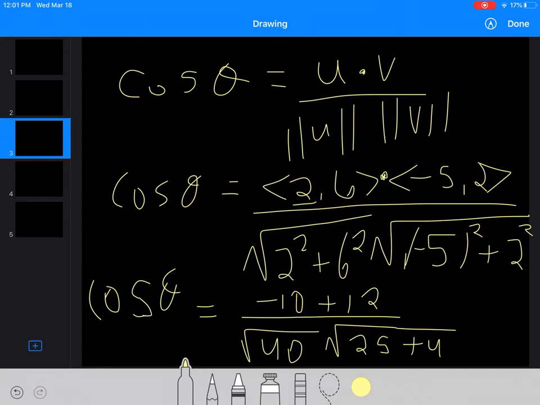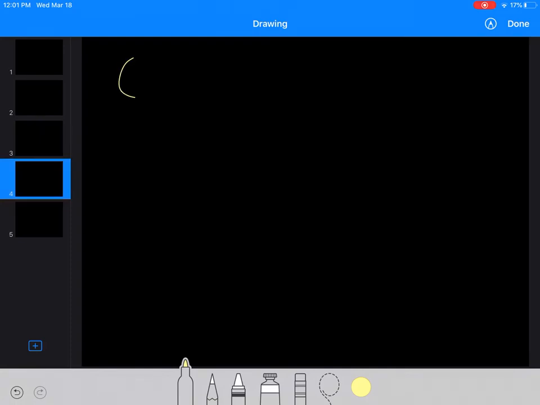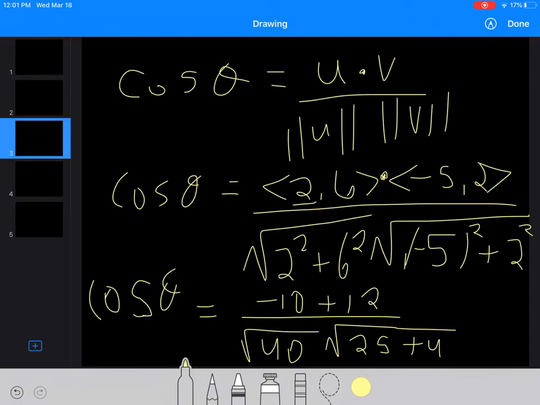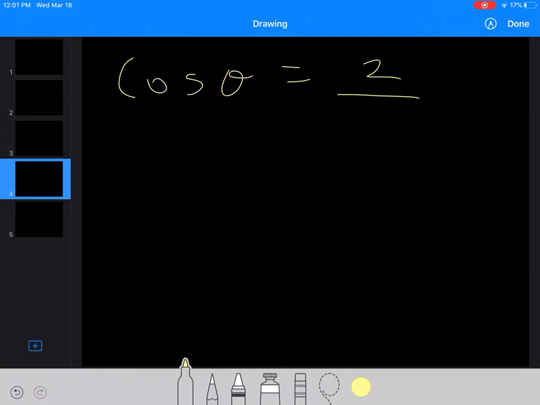So let's write that on the other side. The top's going to be positive 2. So we're going to have the cosine of theta equals 2 over square root of 40 and square root of 29.